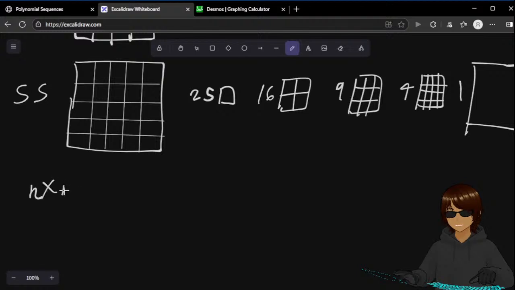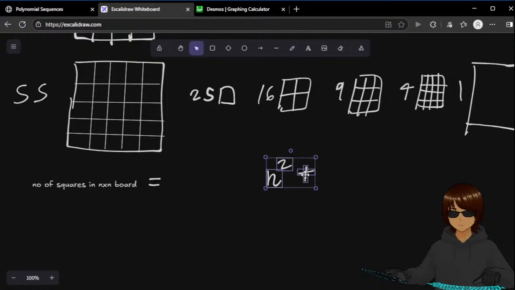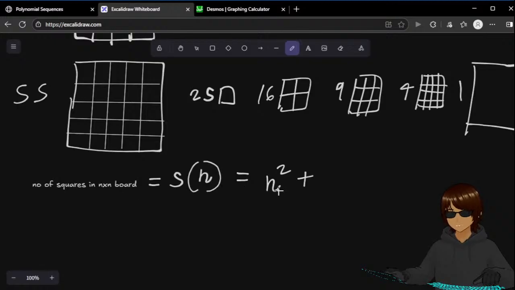So for n by n boards, the number of squares in an n by n board is equal to n square plus, actually wait, n square plus the number for n minus 1.